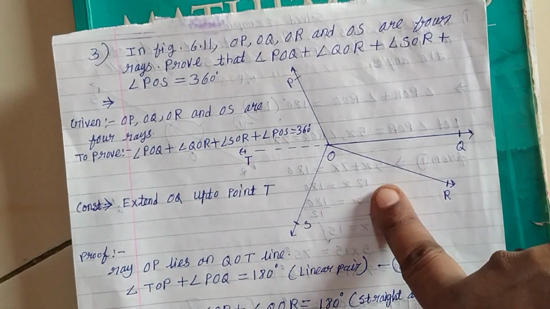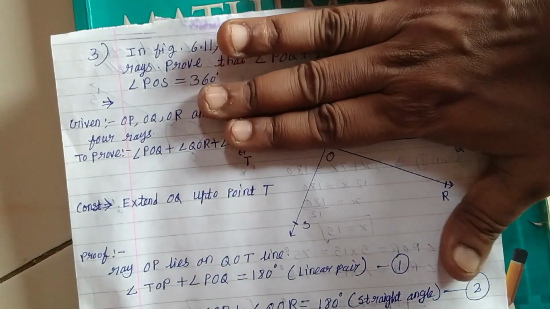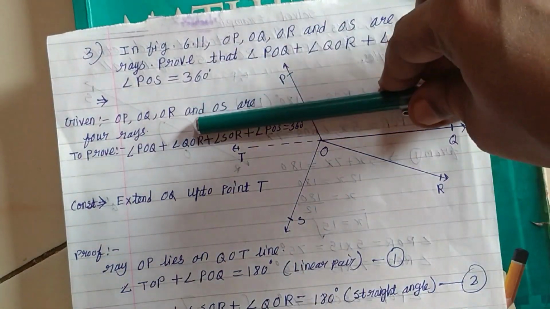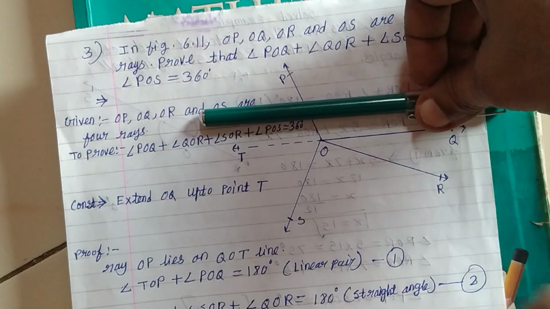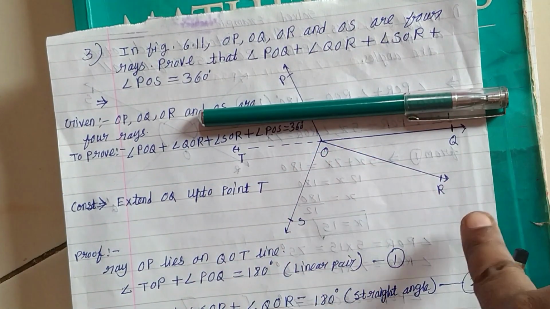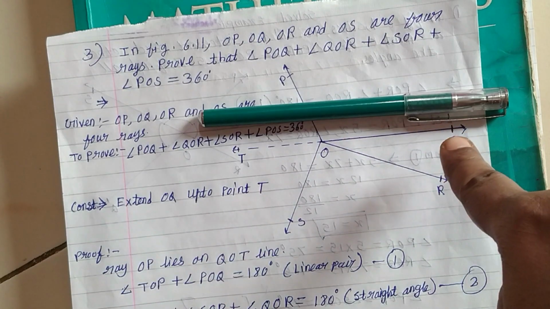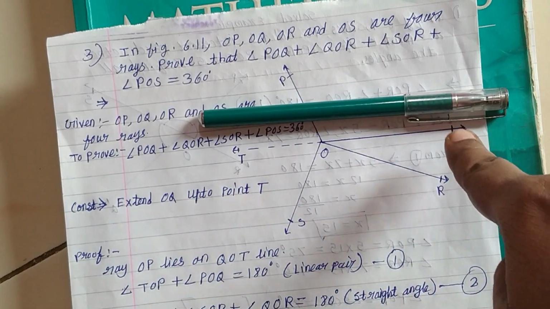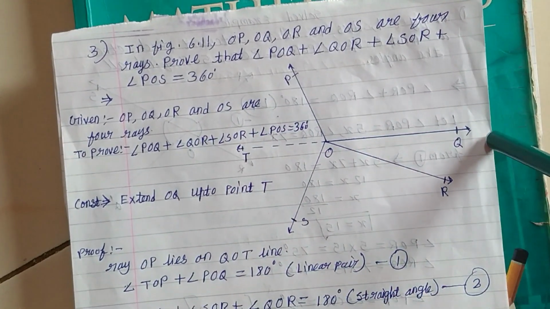Now again observe this figure. Now below this, you are getting three angles: angle TOS, angle SOR, angle ROQ. The sum of these three angles will be 180 because they are on the straight line TOQ.